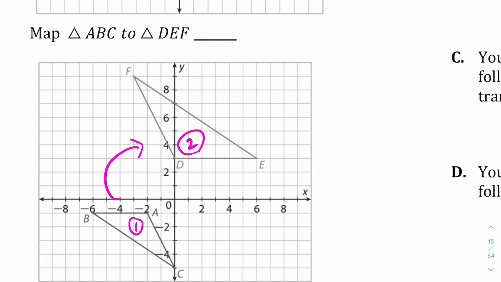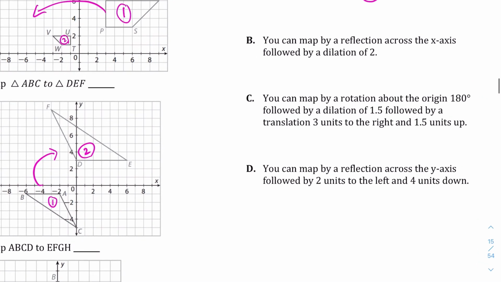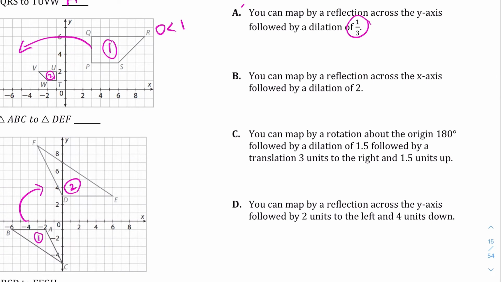That's what it looks like to me, at least. So let's go ahead and take a look at these. Of the remaining 3, we've already done one, the only one of these that talks about any kind of rotation is this one, C. So I'm going to say that this is C.